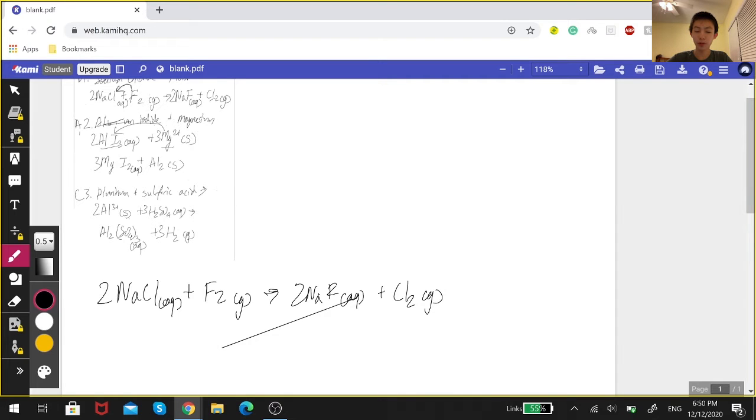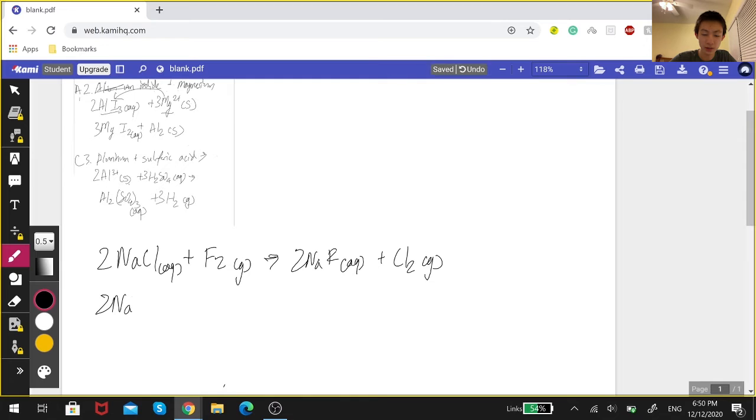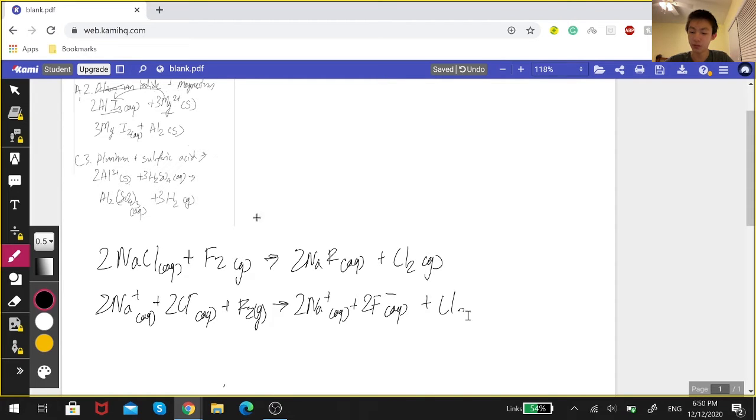First and foremost, it's the same exact rule: we're going to split all the aqueous. 2Na plus and 2Cl minus, both aqueous, plus F2 gas, which you do not split, makes 2Na plus aqueous plus 2F minus aqueous plus Cl2 gas.